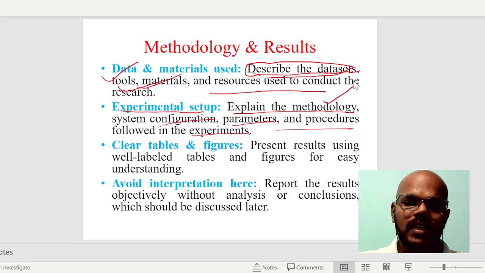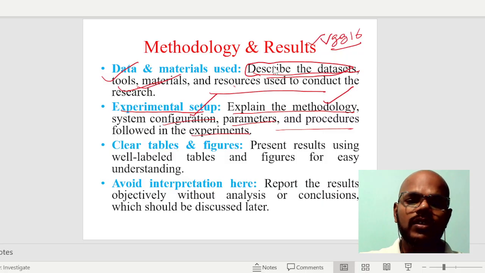For example, if you are using the VGG 16 neural network architecture, we have to explain about the VGG 16 architecture and what type of system you used for implementing it. System configuration, like Windows 10 or Ubuntu, something like that. That is related to the system configuration.